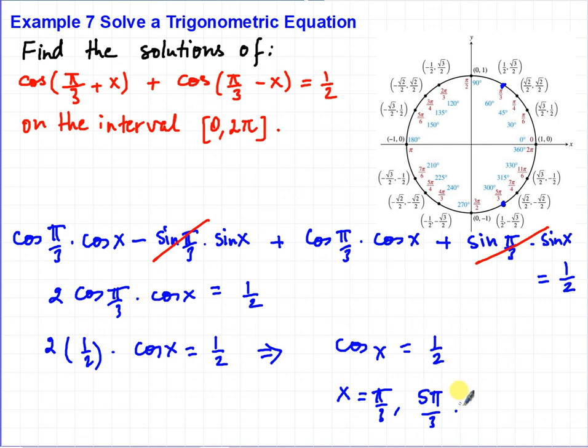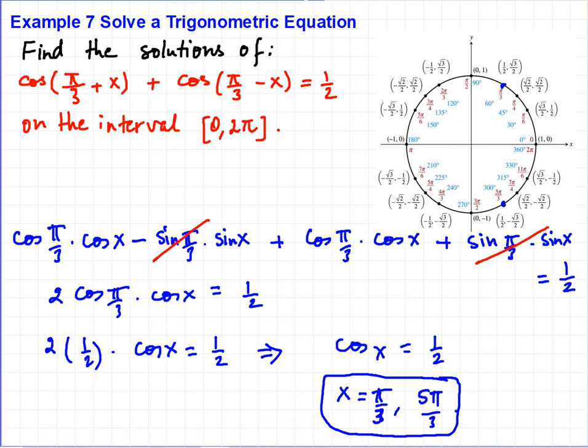So I have two answers in this interval. From 0 to 2 pi, I have x equal pi by 3 and x equal 5 pi by 3, which solve this equation.